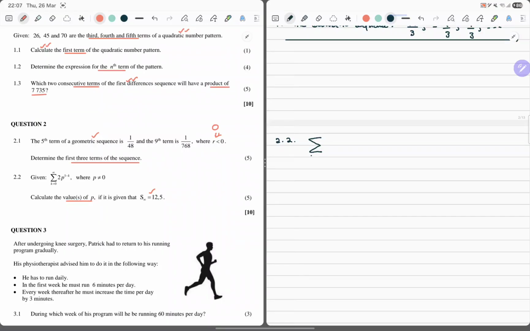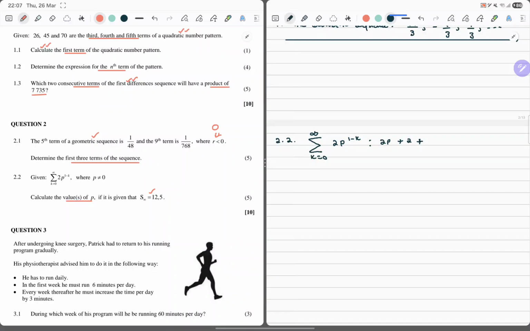We take what we are given. So the sigma is starting from k equal to 0 to infinity, 2p to the 1 minus k. We always expand. We put a 0 there, we get a 2p. Sigma means plus. And then we put a 1 in there, we just get a 2. Plus, just need 3 terms.